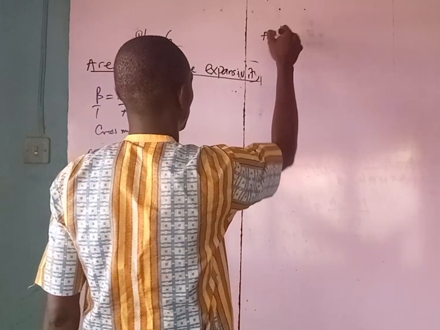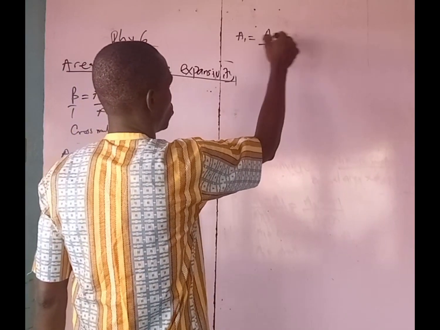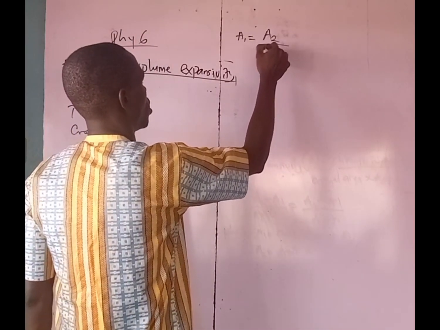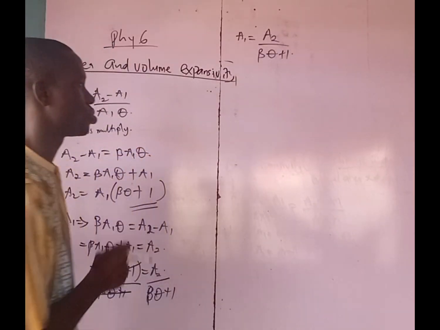Our A1 will equal A2 divided by beta theta plus 1.